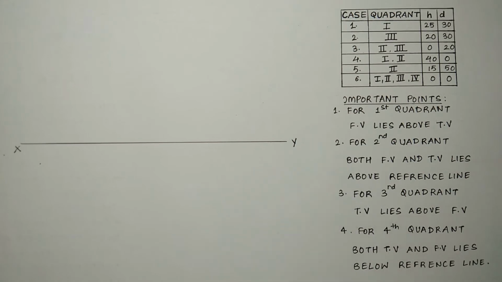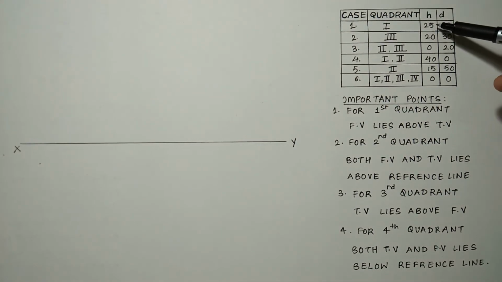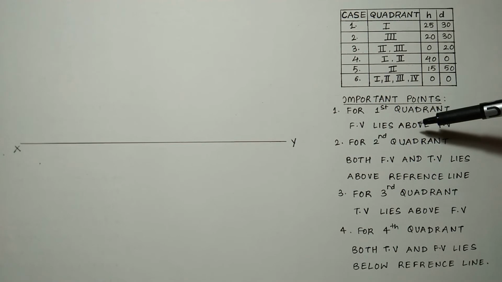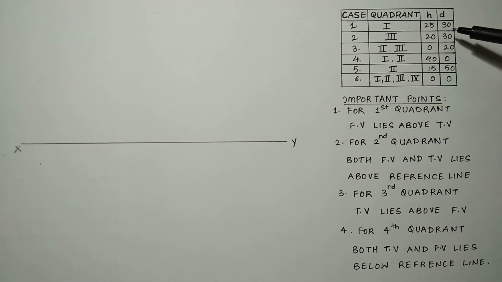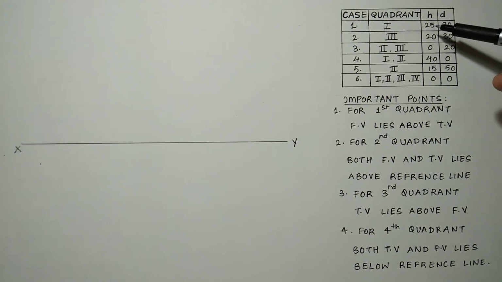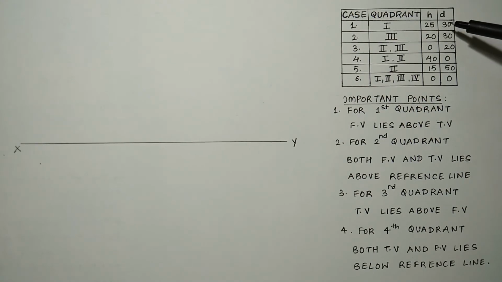Moreover, distance h is used to mark the front view, while distance d is used to mark the top view. Hence, for the first quadrant, since the front view lies above the top view, the distance h should lie above the distance d. Moreover, distance h is above the reference line and distance d is below the reference line. So let us plot it down.